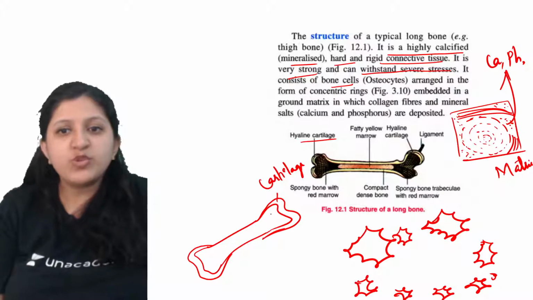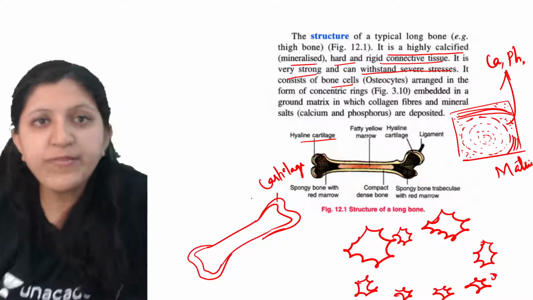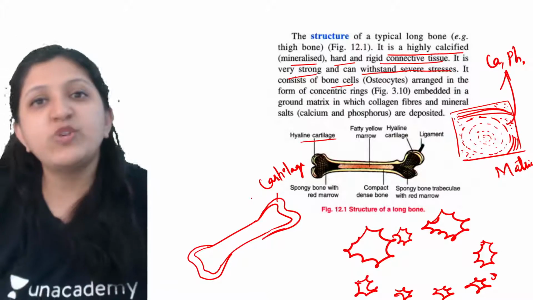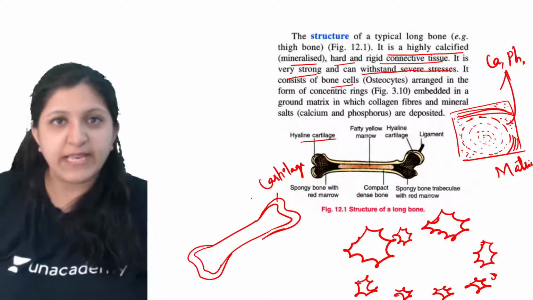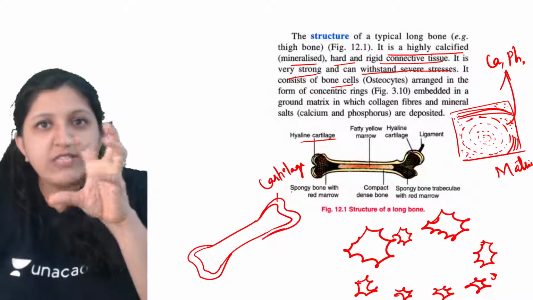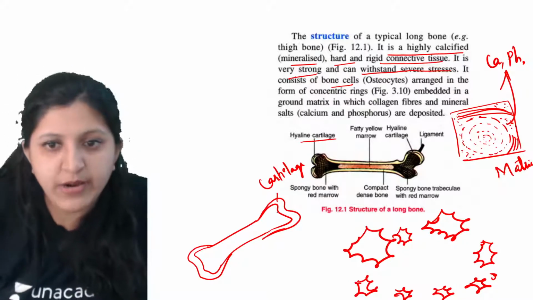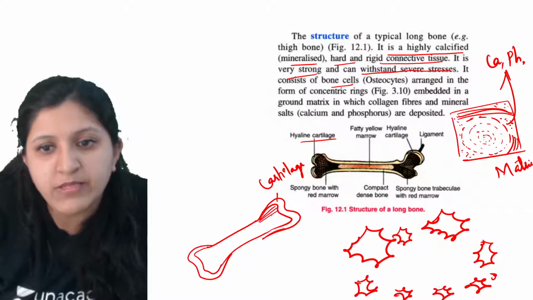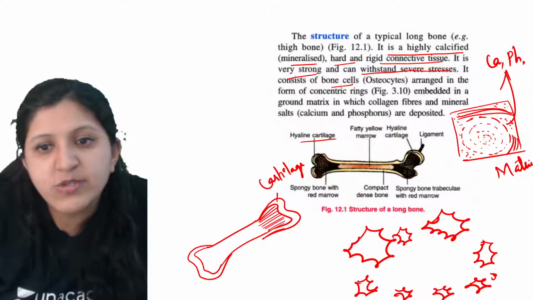So, spongy bone. Why do we call it a spongy bone? It is not a soft one or anything like that. When you observe a sponge, there are spaces, cavities visible, right? In the same way, when we observe the bone, there are spaces available.